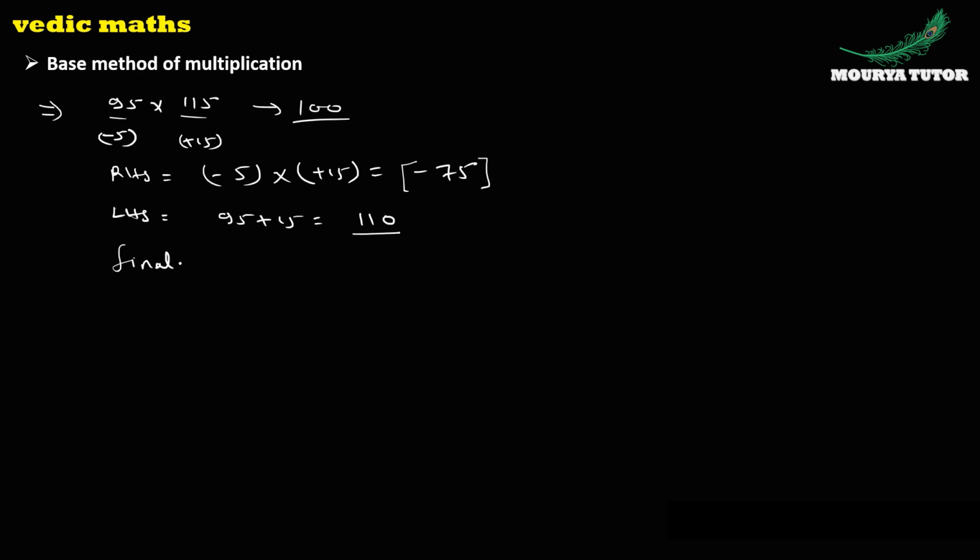The final answer will be LHS into base minus RHS. So LHS is 110, base is 100, and the RHS is 75. Right, now here just find out this final answer.